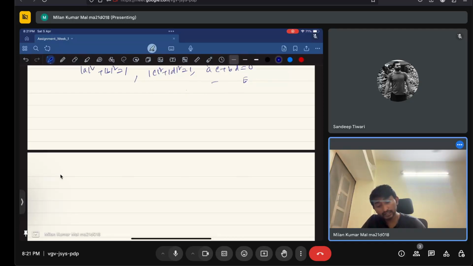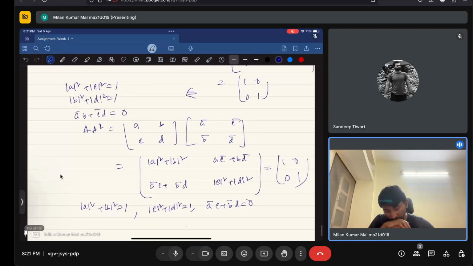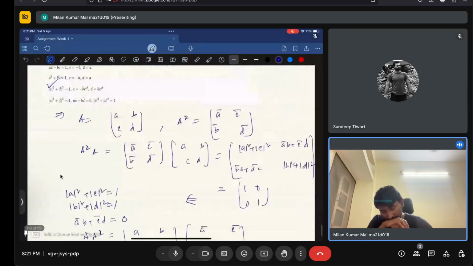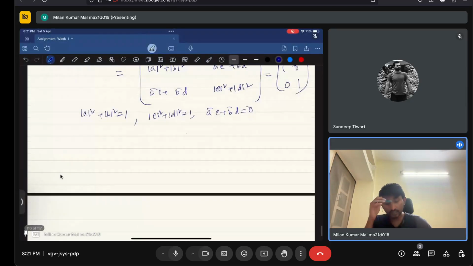So one can take here something like C equals to minus B bar e to the power I theta, and D is equals to, okay, I think one can do this way also.